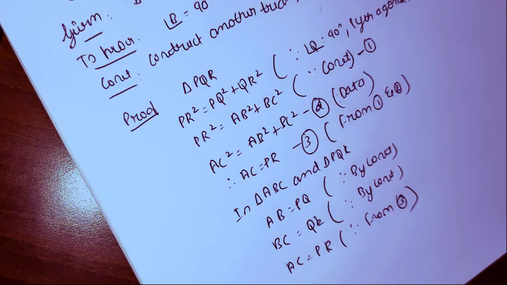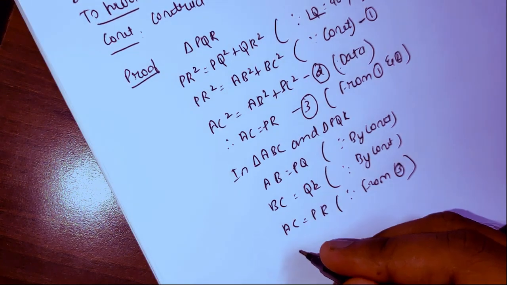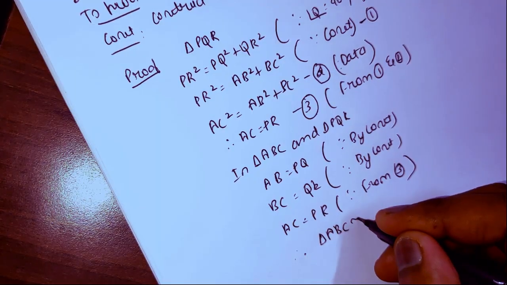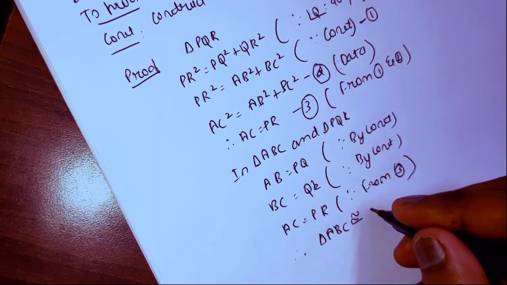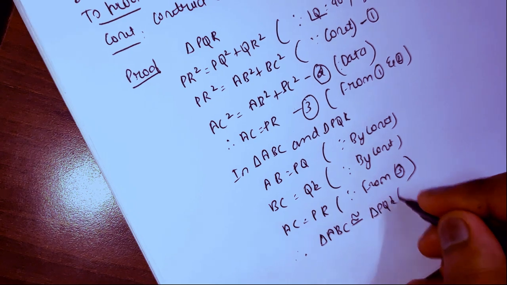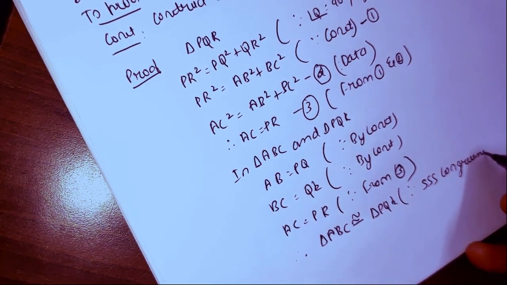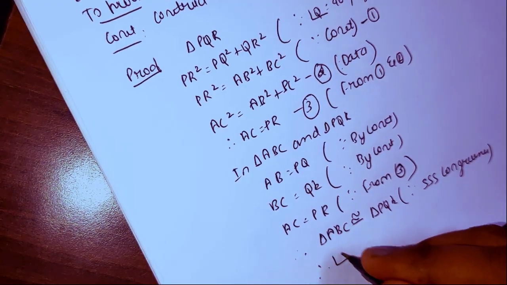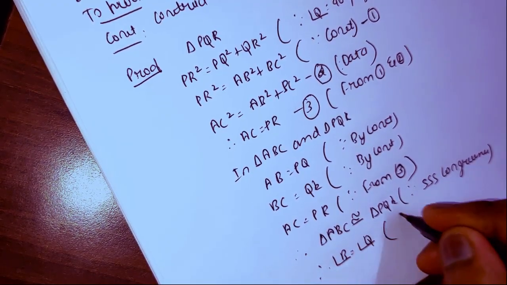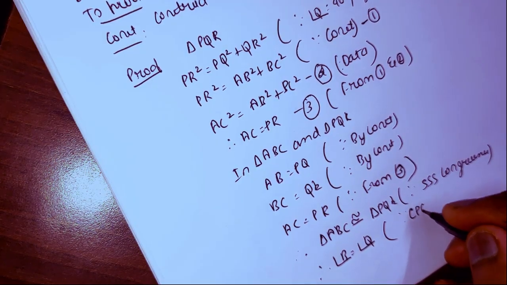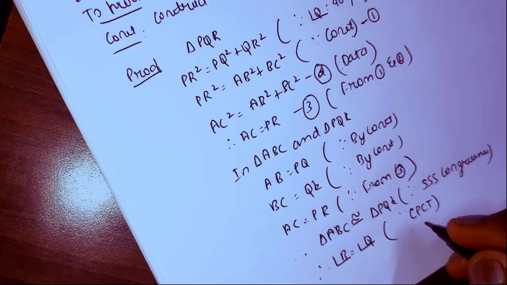Therefore, we can say that triangle ABC is congruent to triangle PQR. This is by side congruence. Therefore, angle B is equal to angle Q by corresponding parts of congruent triangles.